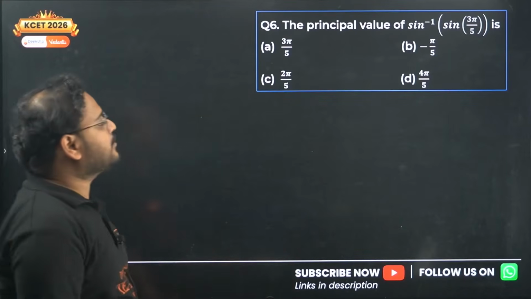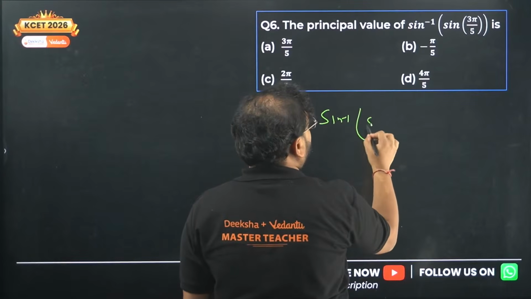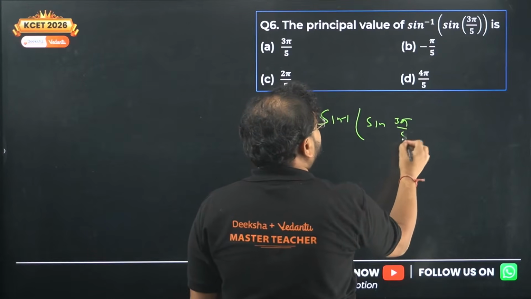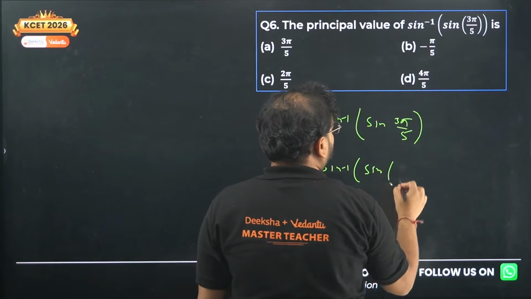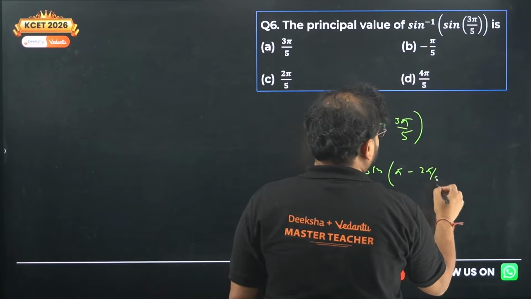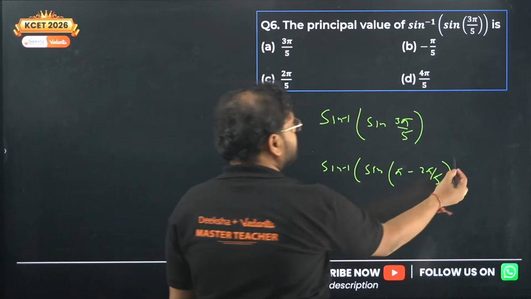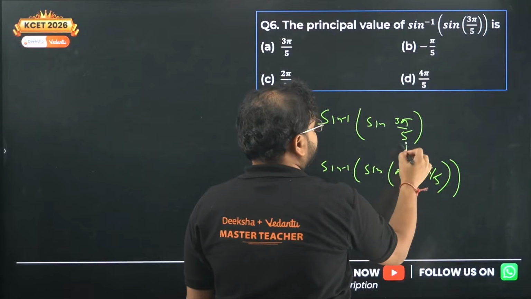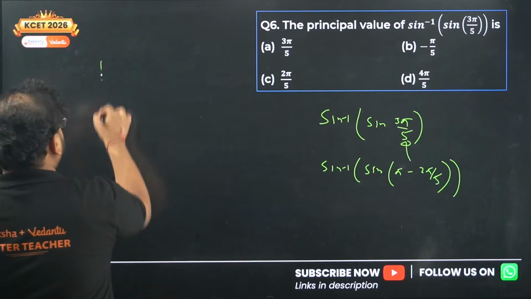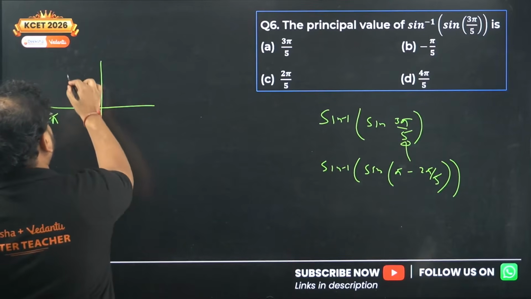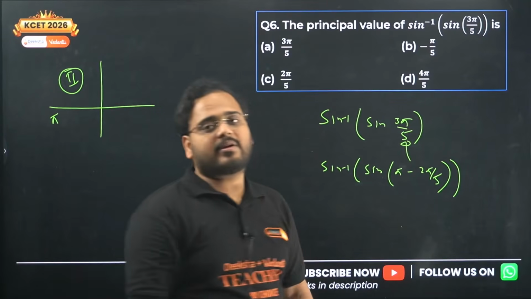Principal value of sine inverse of this. We're going to use the quadrant rule over here, 3 pi by 5. So sine inverse of sine of pi minus 2 pi by 5. This angle is the same as 3 pi by 5. Now this angle, this is pi. This angle is in which quadrant? Second quadrant. Pi minus some angle will be in the second quadrant.